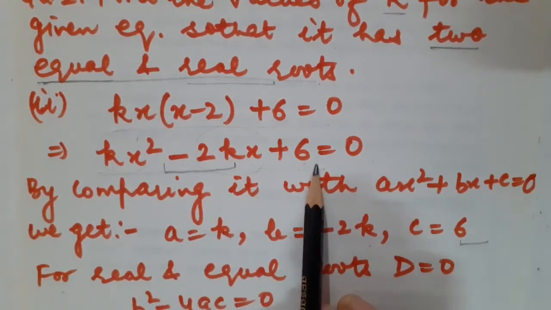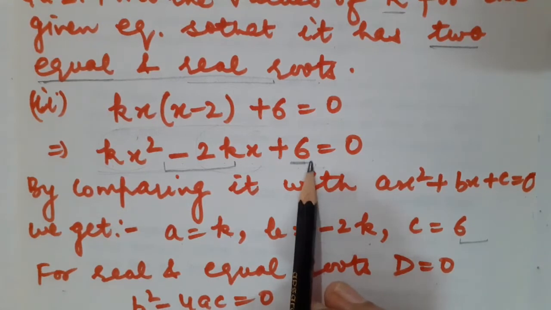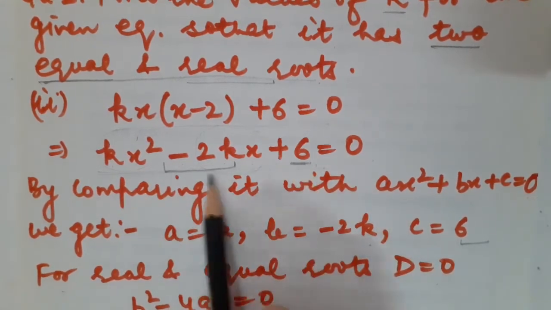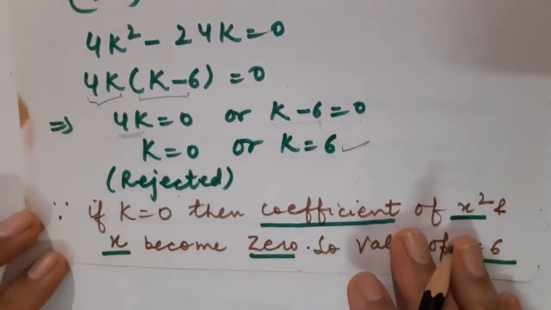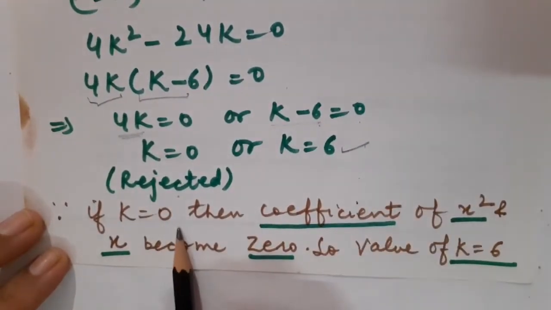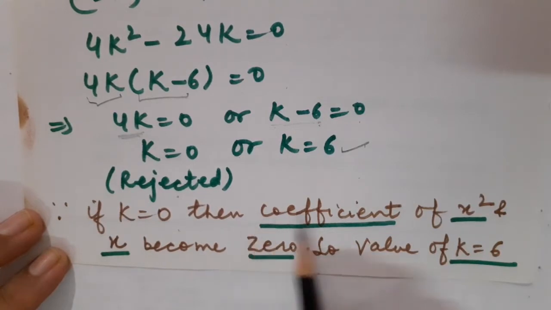No. It will only have a constant term in it, so we cannot call it a quadratic equation. That's why k is equal to 0 is rejected, because the coefficients of x square and x become 0. So ultimately, what would be the value of k? k is equal to 6.